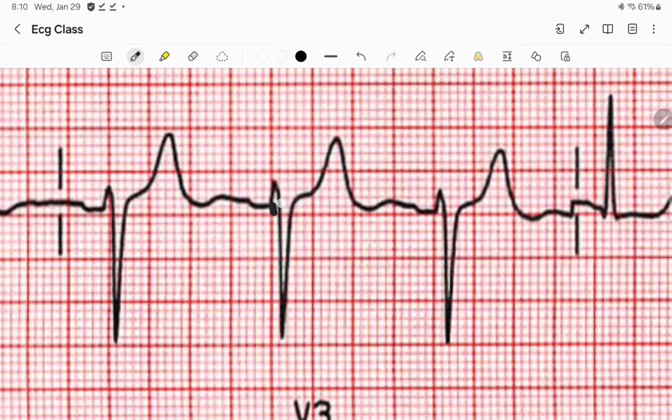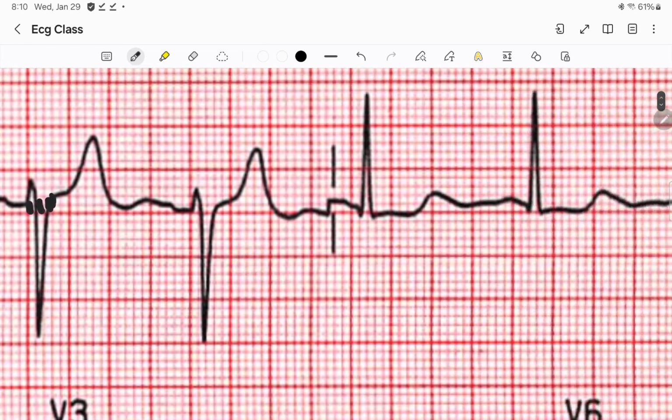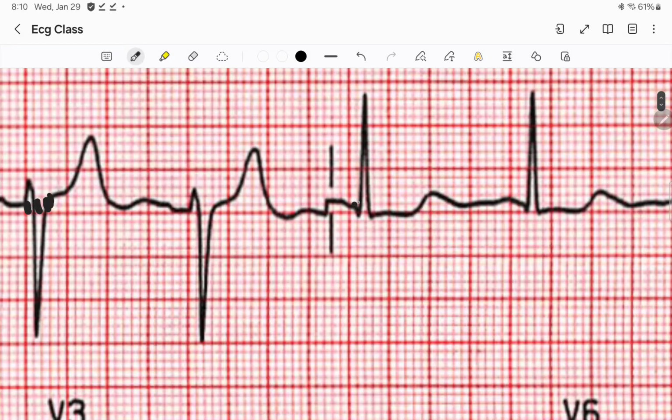So 1, 2, no. This is 1. This is 2. Depends on where you stop. It looks like it's almost 3, to be honest. Let's look at this one. About 1. That's 1. 2.